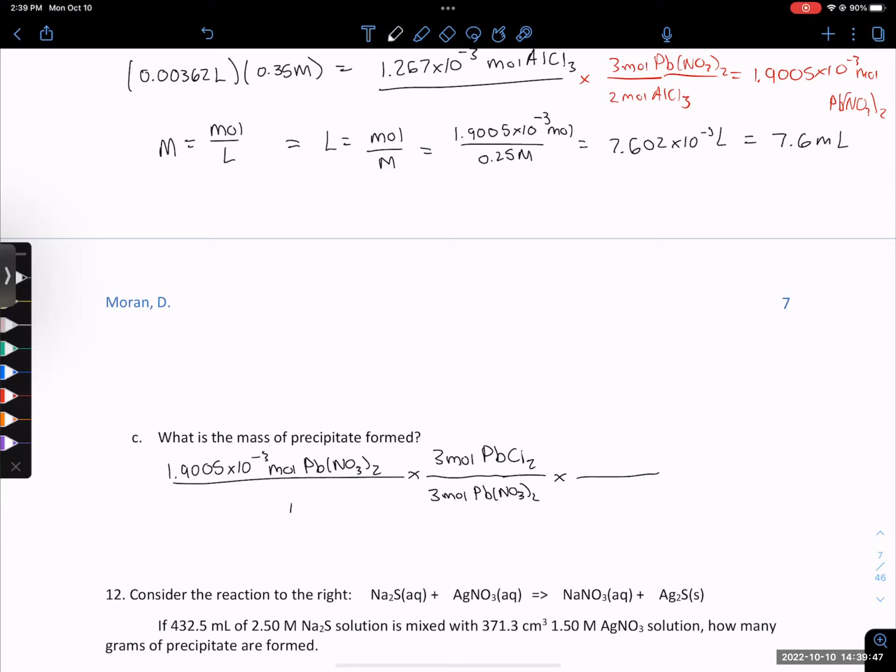And then we know that 1 mole of lead(II) chloride has a molar mass of 278.1 grams. And when you punch that into your calculator, you should get 0.529 grams.